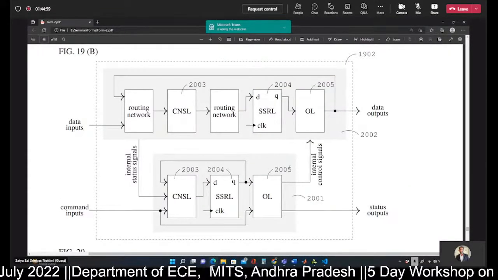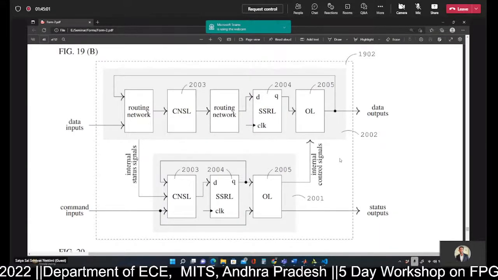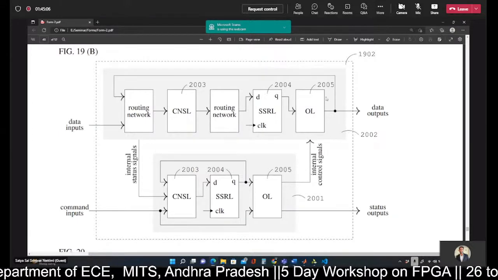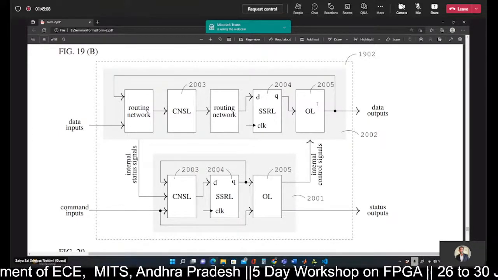If you remember, yesterday we were discussing this diagram, right? A typical ASMD or any FSM has an integrated control part logic and data part logic.